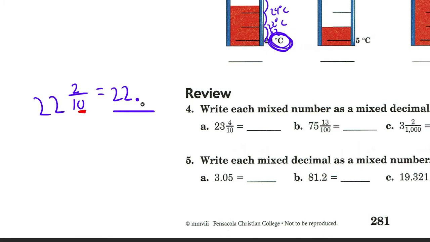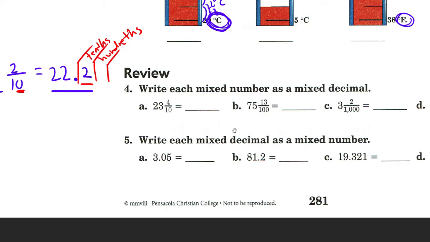In this case, it's only 1, and now I can write 2 in my 1 decimal place here. Okay, it's 22.2 or 2 tenths. If you remember your place values for decimal numbers, the first one is the tenths place, next is hundredths. So since this is 2 tenths, the 2 needs to go into the tenths decimal place.